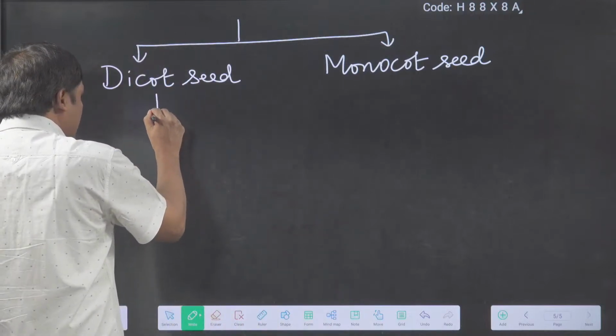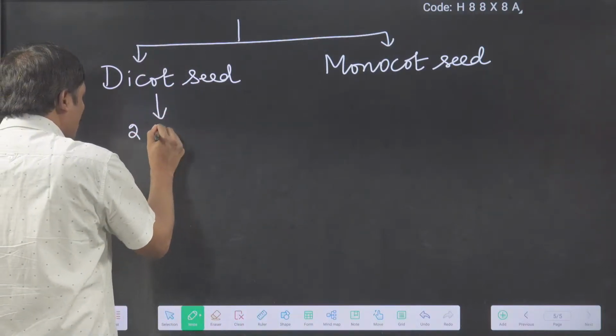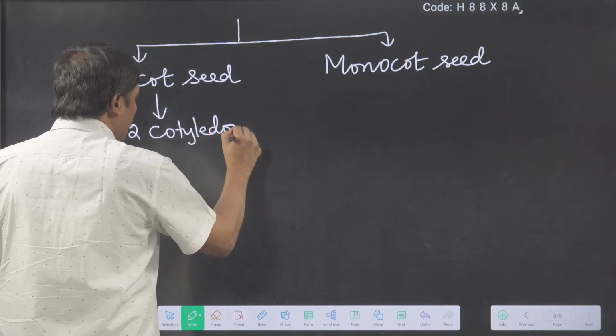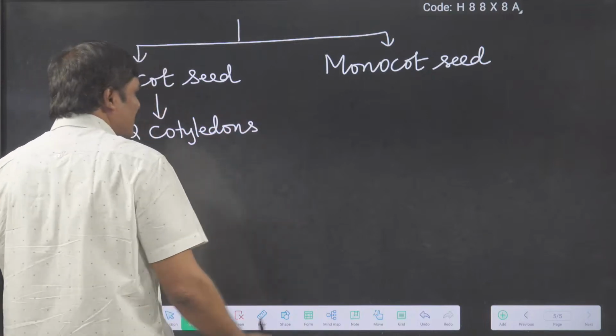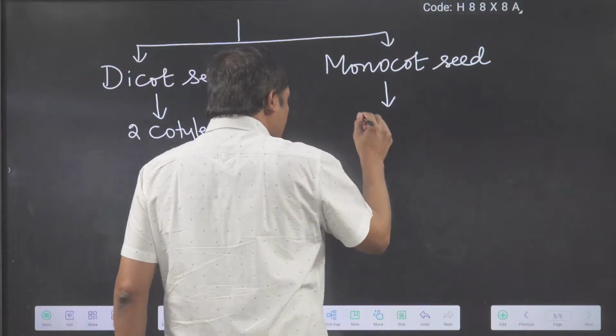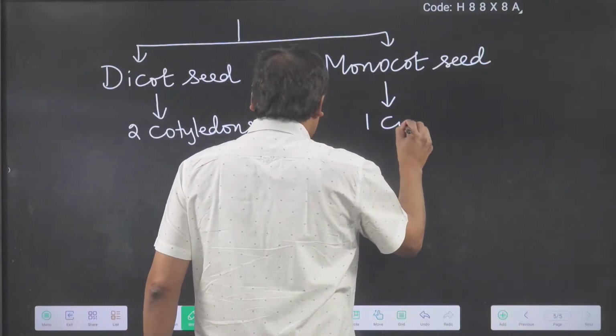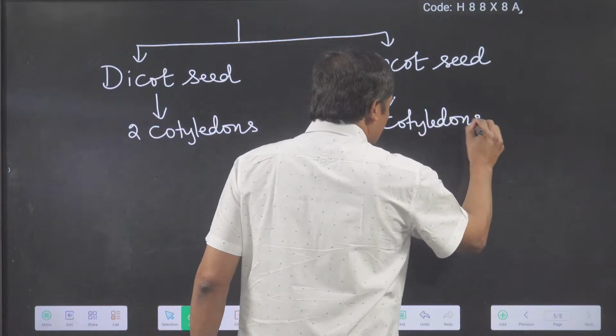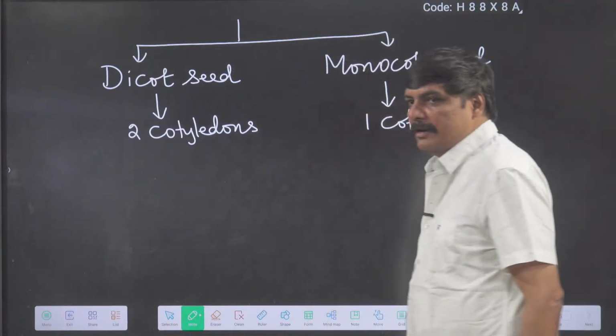Dicot seed contains two cotyledons, whereas monocot seed contains one cotyledon. I am telling slowly, repeatedly.